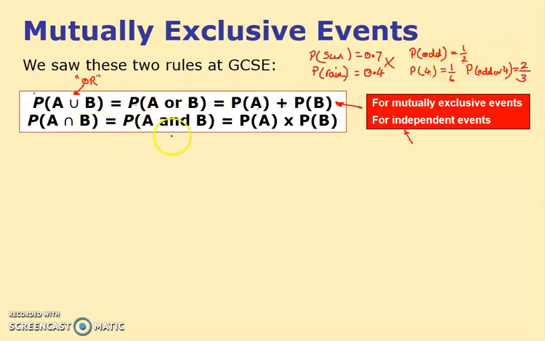Second rule, also seen at GCSE, probability of A and B. You saw this quite a lot when you drew tree diagrams, if you remember. And when you have two events, as long as they're independent events, now that basically means one event doesn't affect the other, the probability of A times by the probability of B is what we do. Again, notice this symbol here. This is set notation, and it means and.